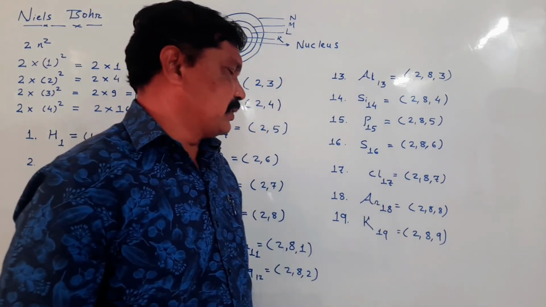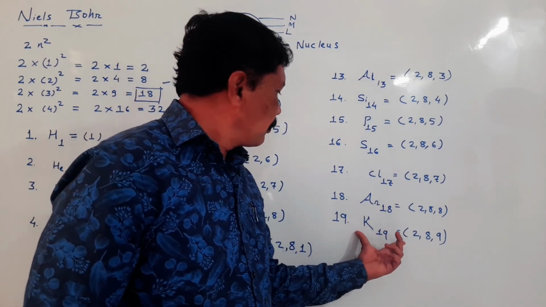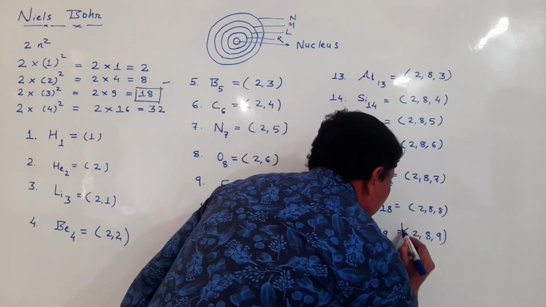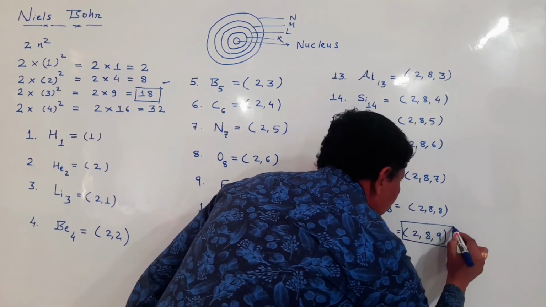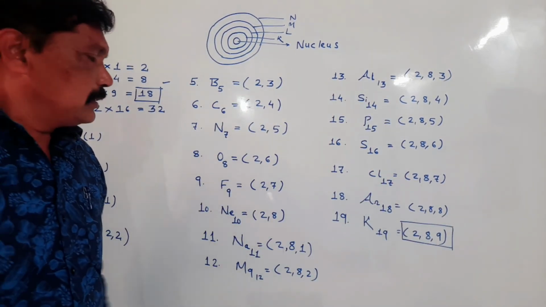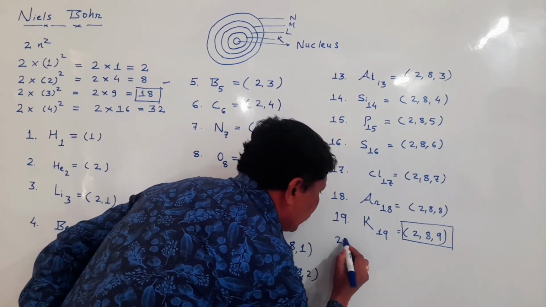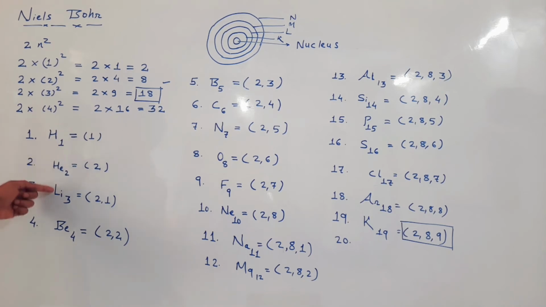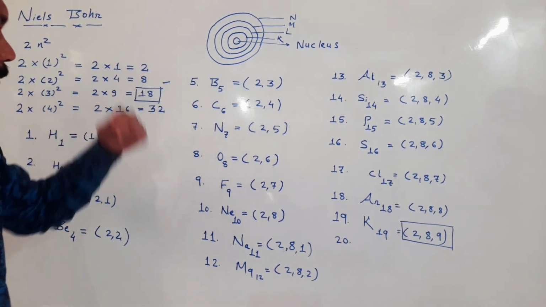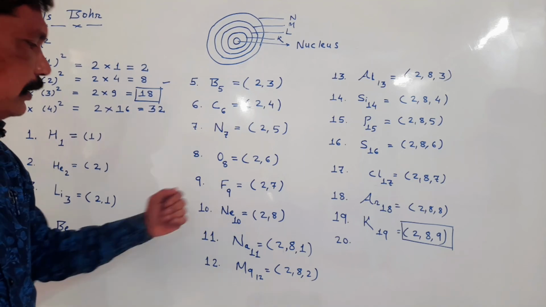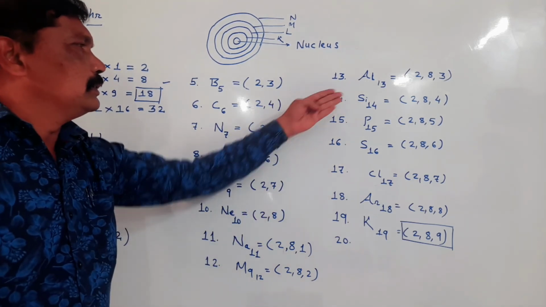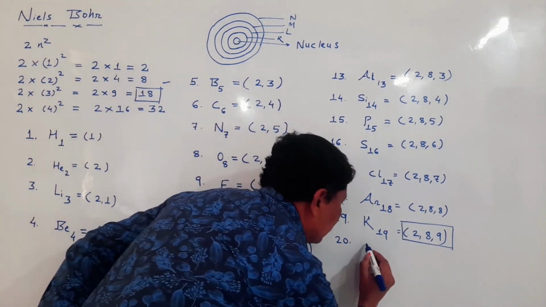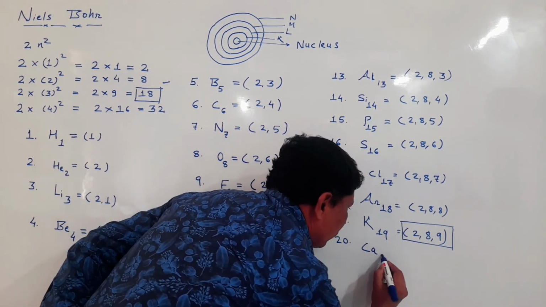The electronic configuration of potassium is different. The next element in the sequence is hydrogen, helium, lithium, beryllium, boron, carbon, nitrogen, oxygen, fluorine, neon, sodium, magnesium, aluminium, silicon, phosphorus, sulfur, chlorine, argon, potassium, and the next is calcium, and the atomic number is 20.